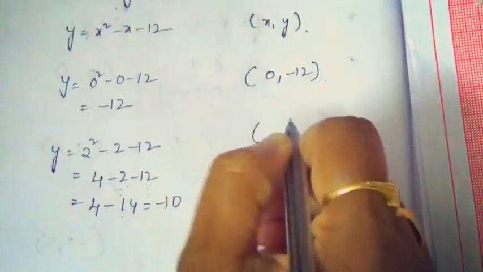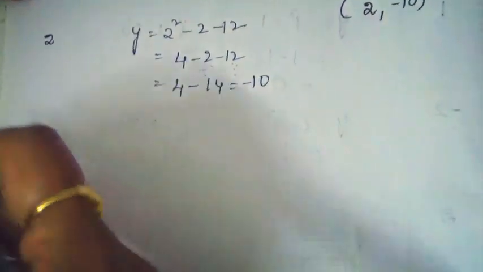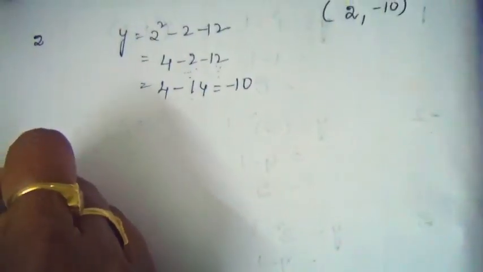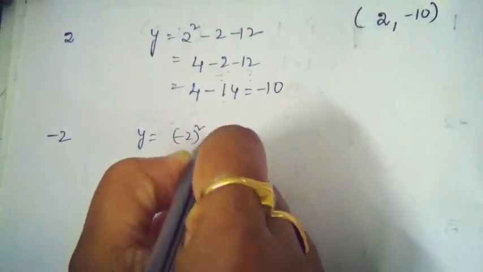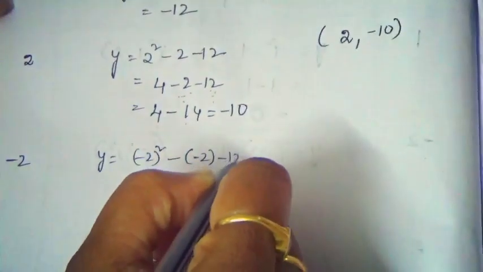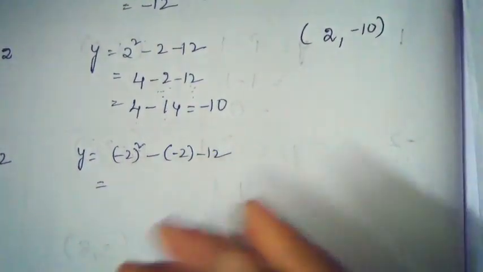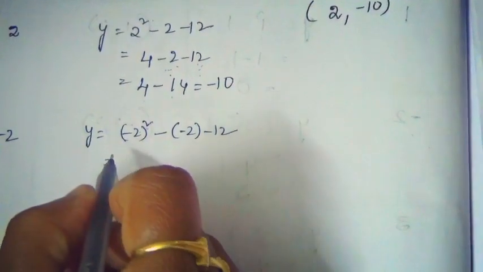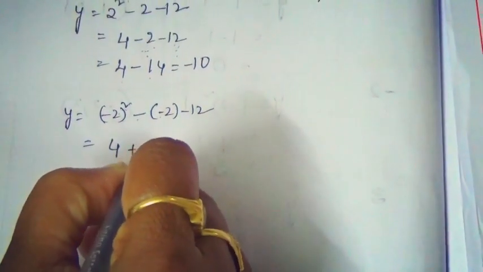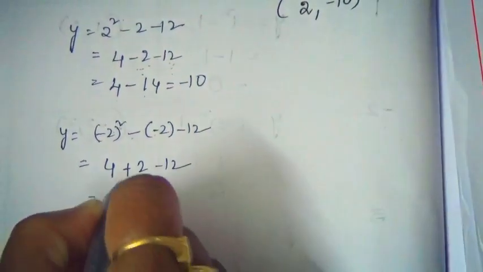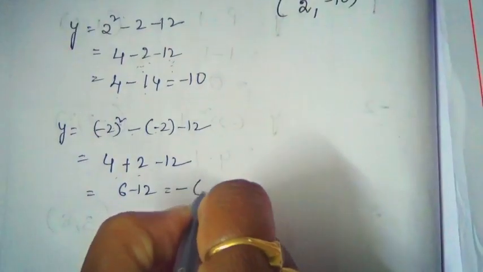That is equal to minus 10. Okay, so the coordinates are 2 comma minus 10, and the negative number I want to take here is minus 2. So y equals minus 2 whole square minus of minus 2 minus 12, that is equal to, here there is a power 2, that is an even number, so the minus becomes positive, so 4 minus of minus becomes plus, that is 2, minus 12, that is equal to 6 minus 12, which means minus 6.